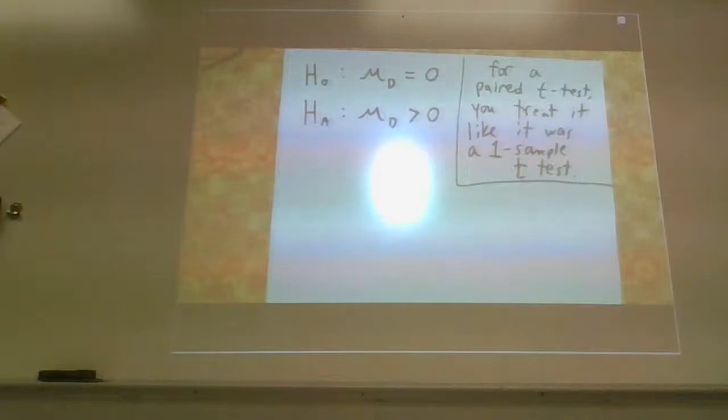But in this case, you are performing that little calculation that we did at the beginning, where you found the differences between the paired data points. And then that third column of information, which I'm going to show you on the calculator in a minute, that's where I'm getting all of my data from.